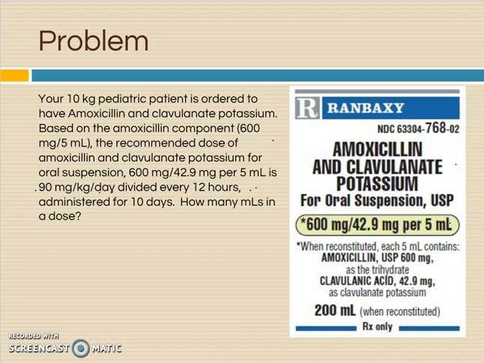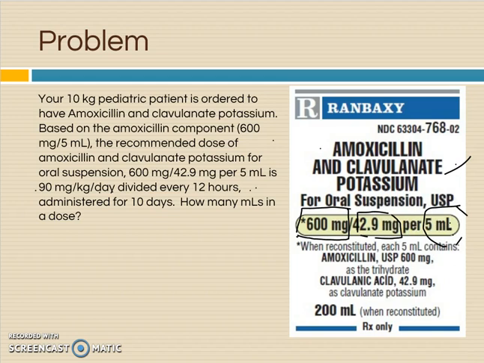Okay. So here is our problem. A 10-kilogram pediatric patient is ordered to have amoxicillin. That's here, and this other ingredient. Now, when you read the label, this is the amoxicillin part. This is the other ingredient, and it's per 5 mils. So that's how that works.